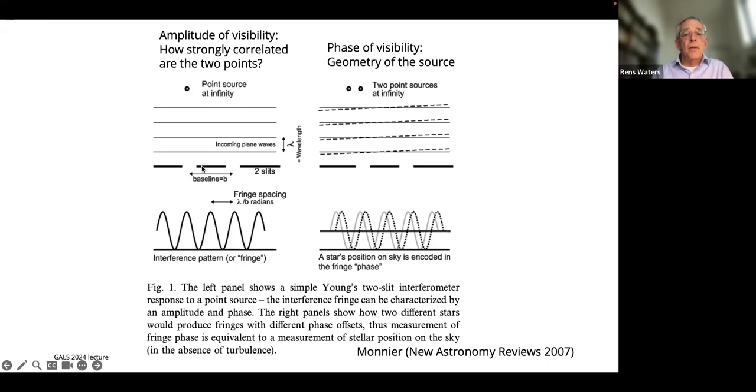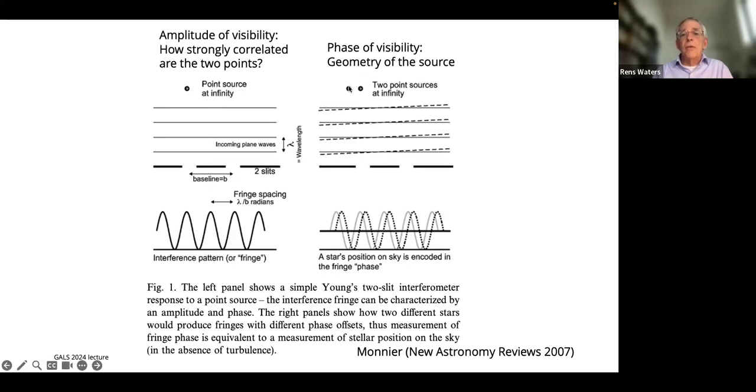Then we let that signal interfere, and what we get are so-called fringes, in which the signal either interferes fully and we get a strong positive signal, or they completely negatively interfere and the signal goes to zero. So the amplitude between this peak and this valley is called the fringe amplitude, and the spacing between them is lambda over b radians.